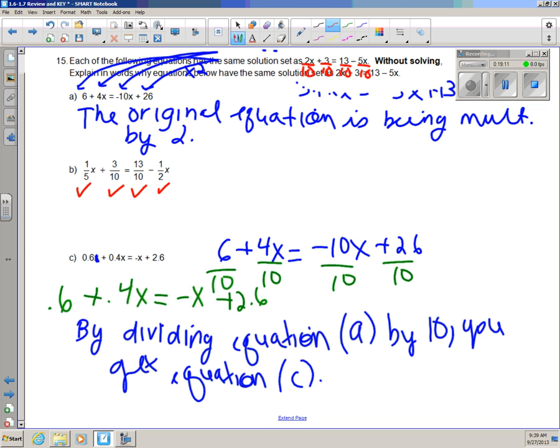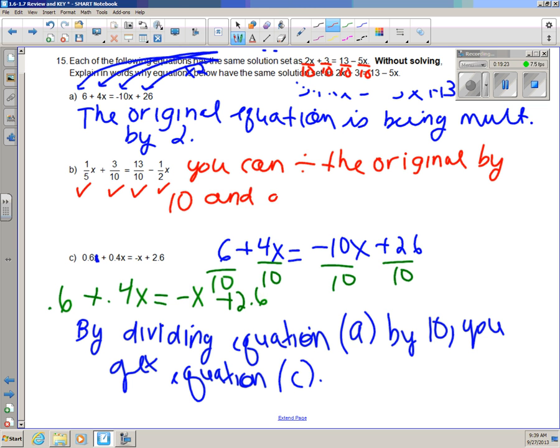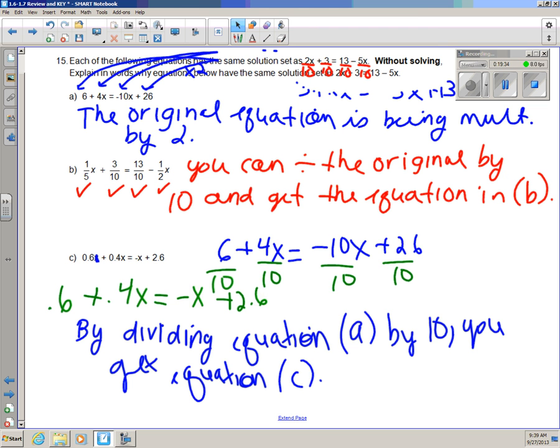So you can divide the original equation by 10 and get the equation in B. So these might take a little more thought, but you can figure it out. You just got to take some time and figure it out. So that's what's happening for 15A, B, and C.